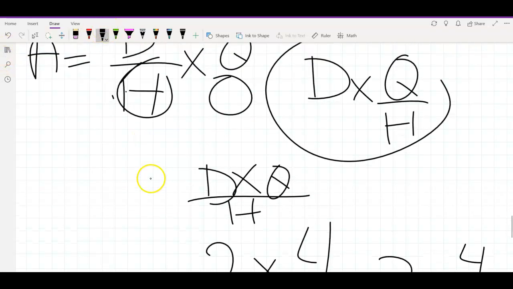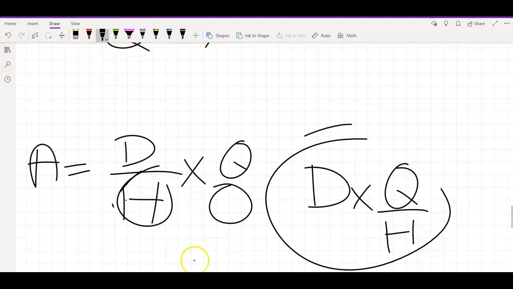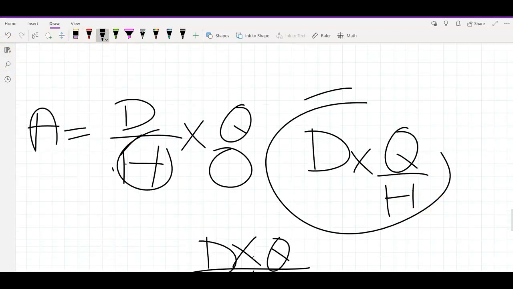So whether you use dimensional analysis or the formula, you're actually doing the same thing. You're still multiplying D and Q and dividing by H. It doesn't matter if you take D divide by H times Q, that's the same as if you take D times Q and divide by H. You're always going to end up with the same number.